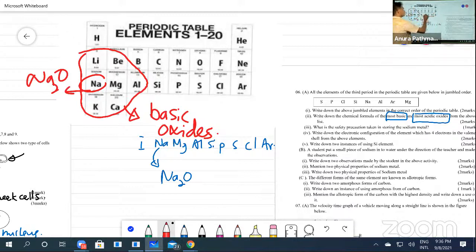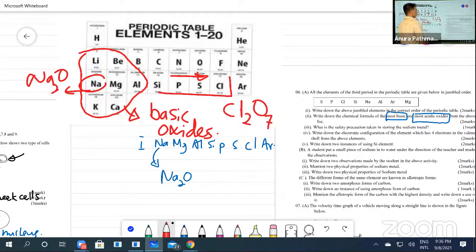These are acidic oxides. When you go to the chlorine side, they are more acidic. So what is the oxide of chlorine? Chlorine with oxygen. Cl2O7. But I don't know whether it is available in your syllabus.